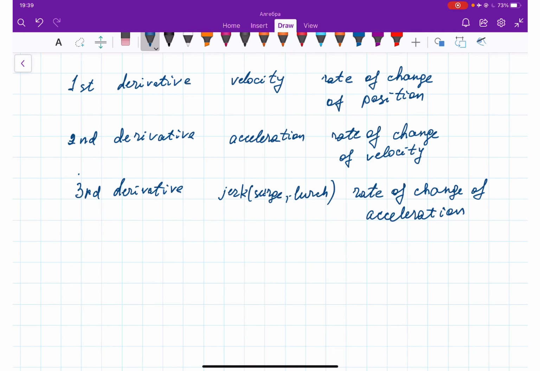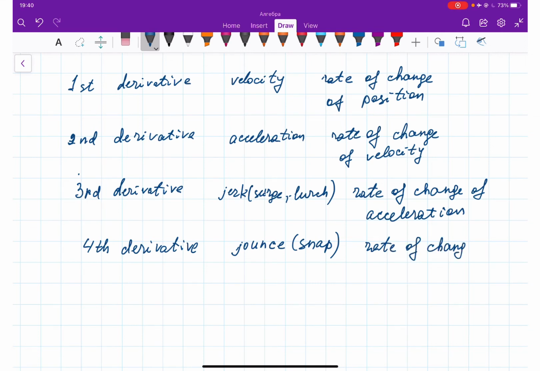And the fourth derivative, and I won't go any further, the fourth derivative is going to give us jounce, or snap. And that's going to be the rate of change of jerk. Okay, that's good enough.